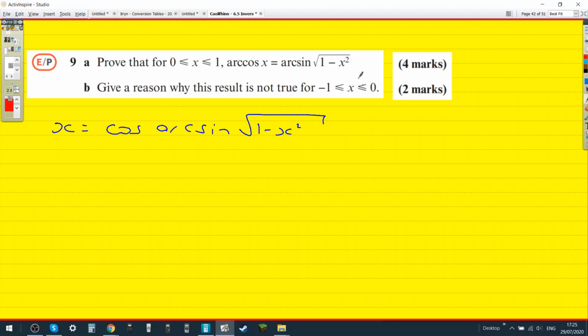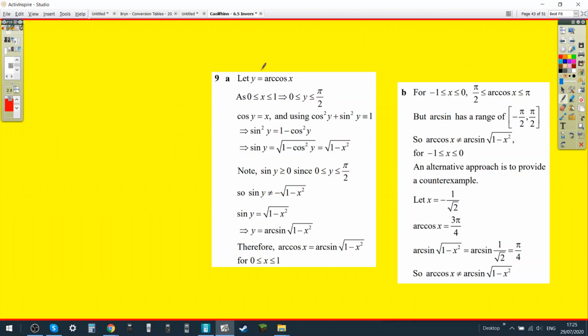So my guess is this square root of 1 minus x squared is going to be like square root of 1 minus cos squared x, or square root of 1 minus sine squared x, arc sine. Yeah, hang on. What? I'm not even beginning this thing.